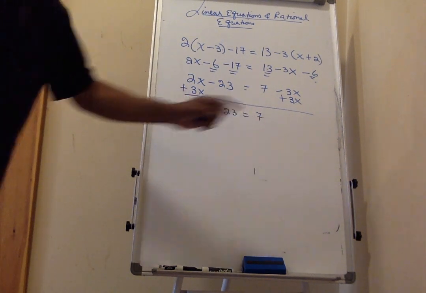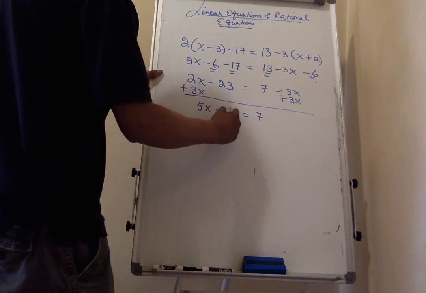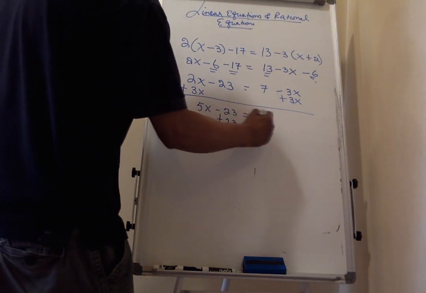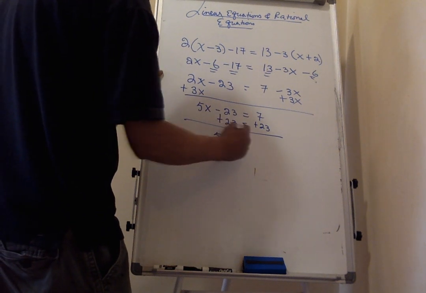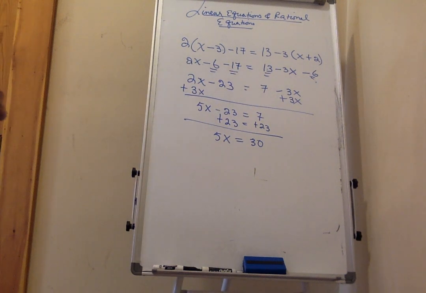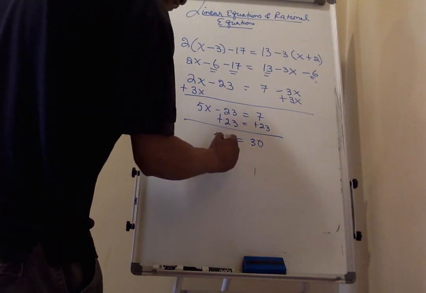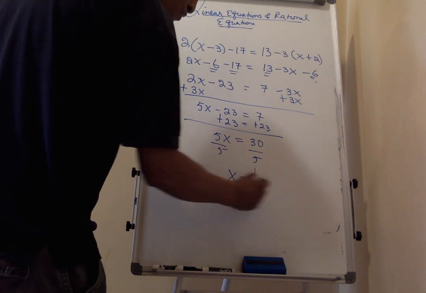Now all I need to do is what? Move negative 23 to the other side, meaning I'm adding 23, then you have 5x is equal to 30. Then divide both sides by 5, x is equal to 6.